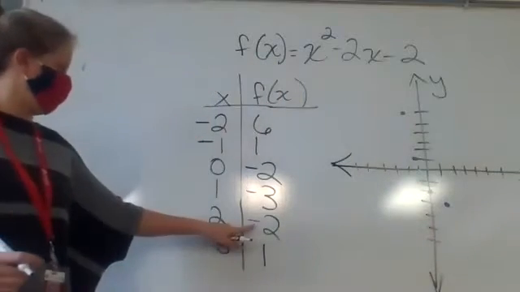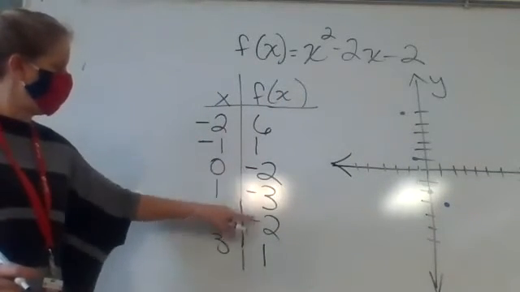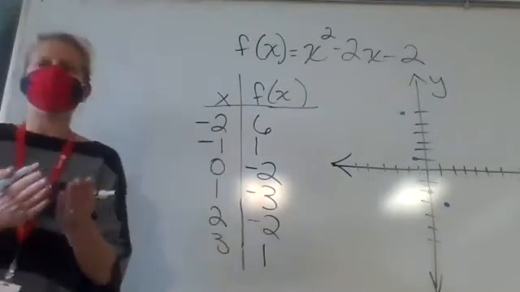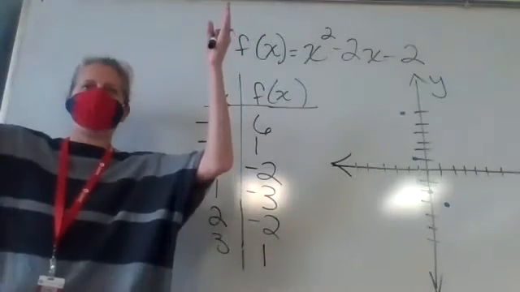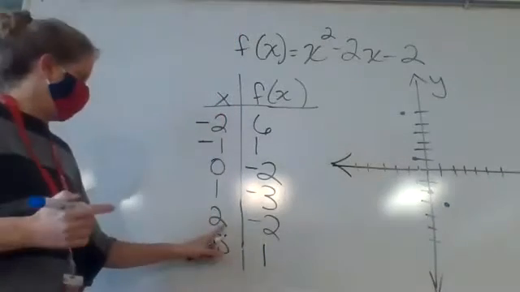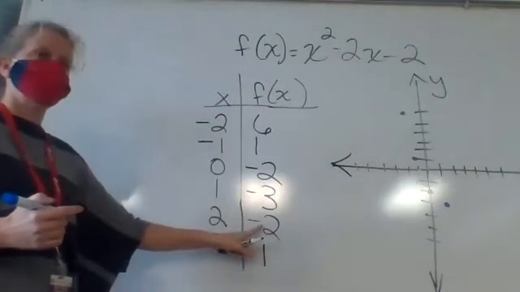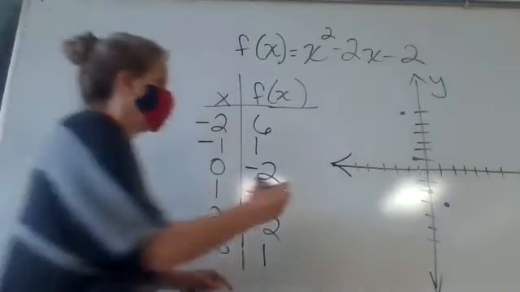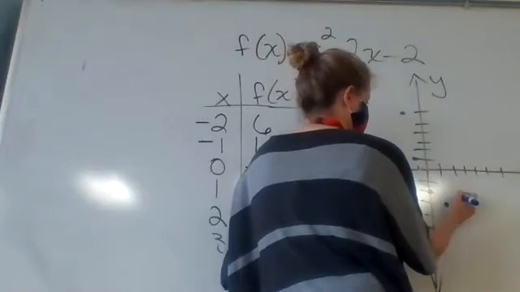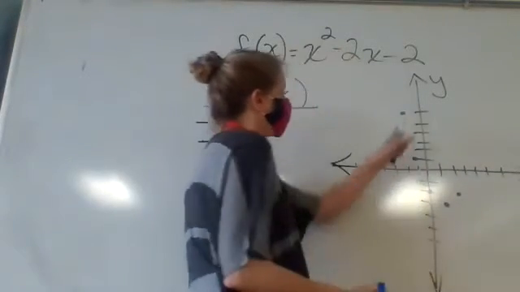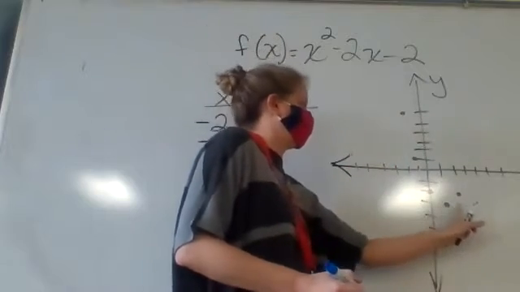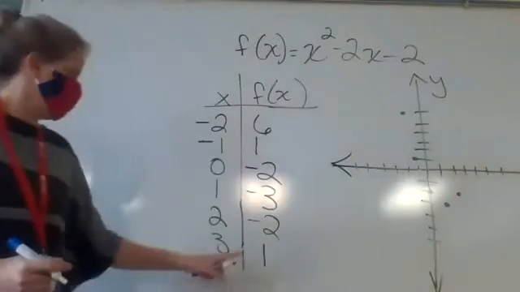Now look what's happening. I'm repeating a Y that I've already had. That's the mirroring that's happening because it's a U shape. If I go to the right 2, down 2. Right 2, down 2. Now you can see if you start connecting those points, that curve that's happening right there.